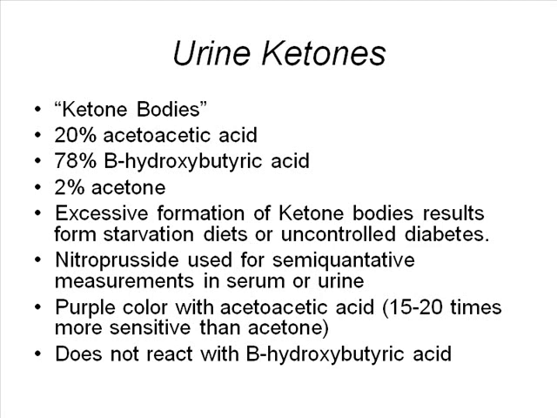So you can see it is a very small amount compared to beta-hydroxybutyric acid. Nitroprusside is used for both methods, serum and or urine, so you can use the same tablet, drop a serum on it to see if this patient is in ketoacidosis.